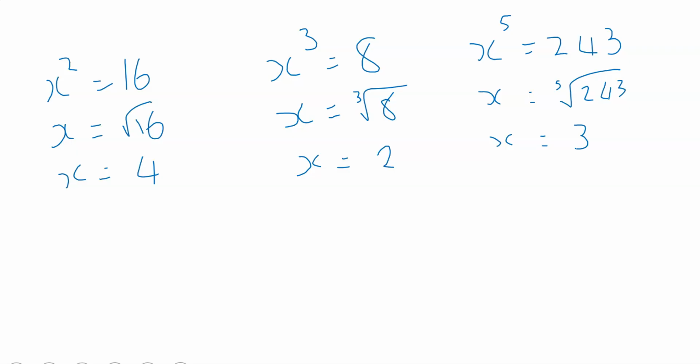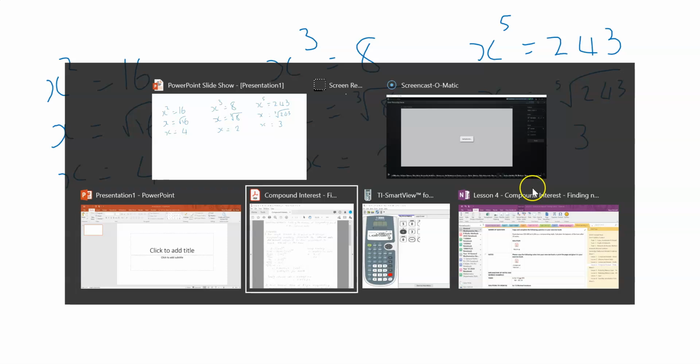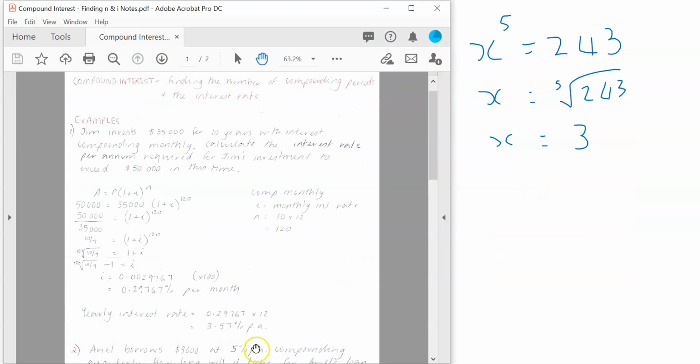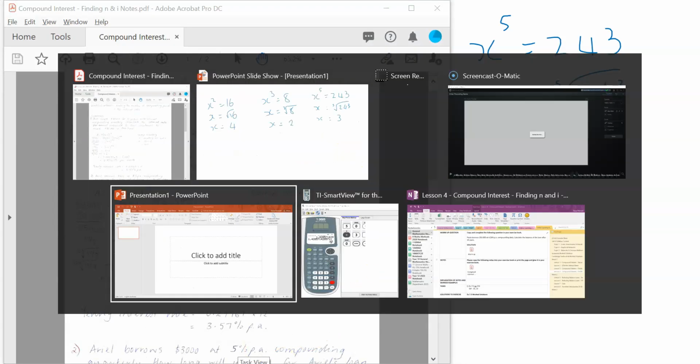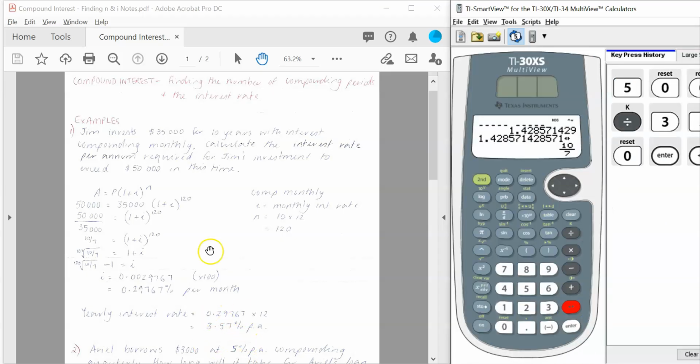That concept that we're used to using is going to be needed in order to solve this equation that we have here. So we have this thing in brackets to the power of 120. In order to undo that power of 120, we're going to have to take the 120th root of the number that we have here.